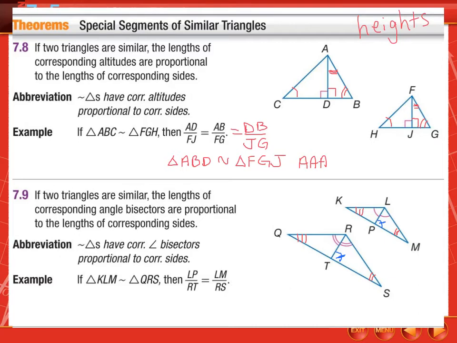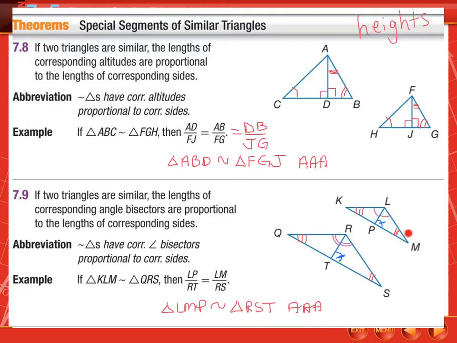So in fact, again, we have two new triangles that arise. We've got triangle LMP is similar to triangle RST, and again the reason for that is angle, angle, angle. Well, if that's true, then we can see, just like above, these angle bisectors are now sides of these two new similar triangles.